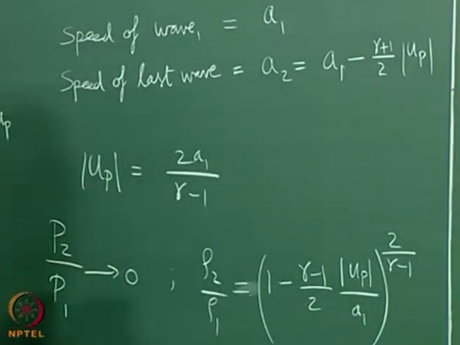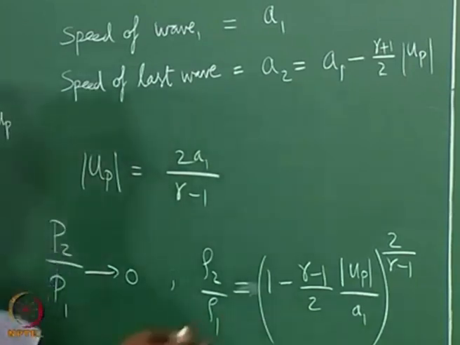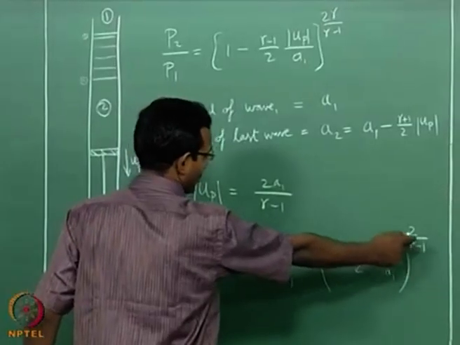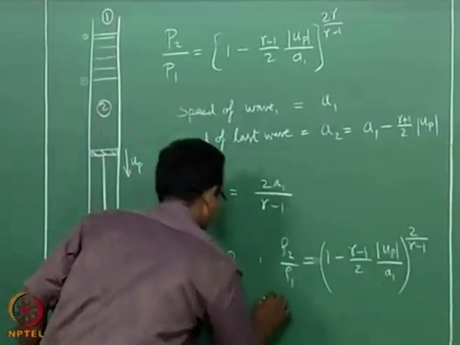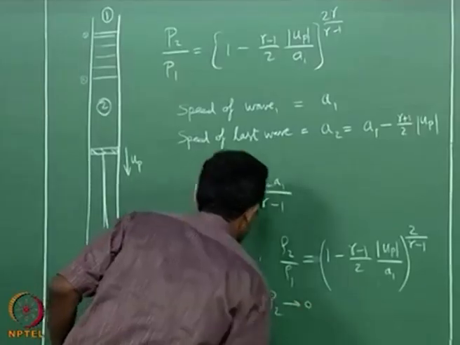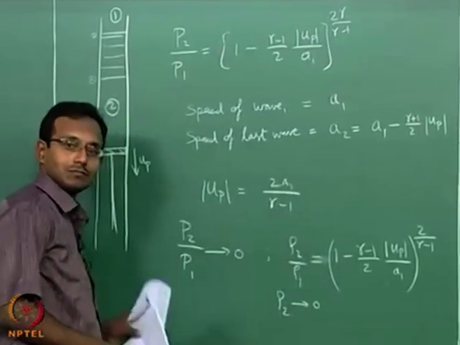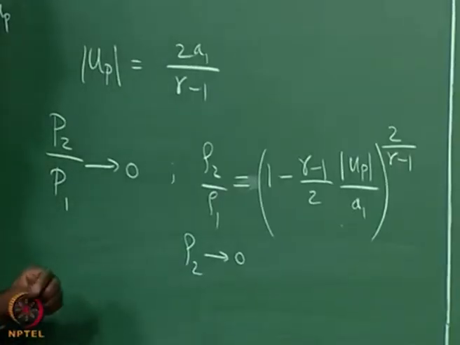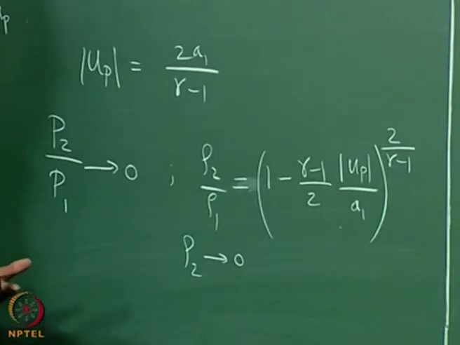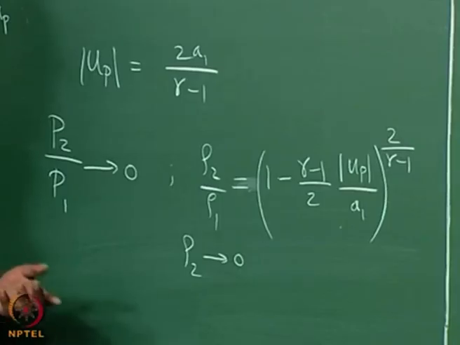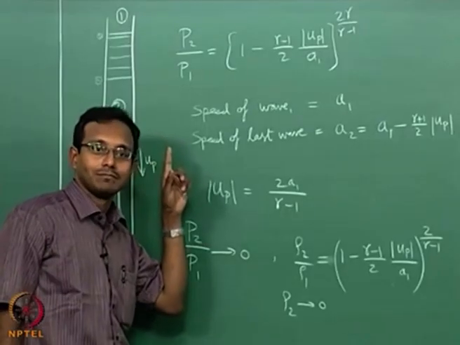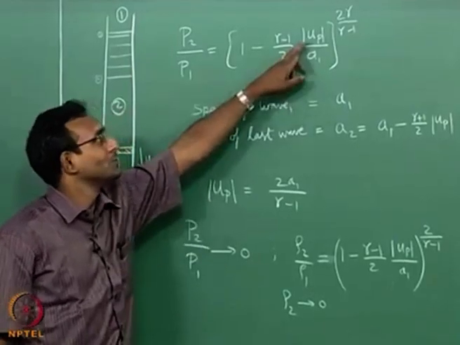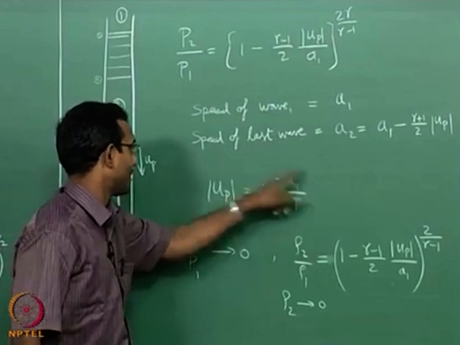You are going to get this formula, and you can again see when this tends to 0, and this is more than 1 always to the power, this also tends to 0. Rho 2 tends to 0 if I am making this equal to this. So, there is a point where my density goes to 0. Basically, the gas is very, very rarefied. It is not in continuum regime, and my analysis breaks down. So, I cannot be using this expression for UP values more than this specific critical value.